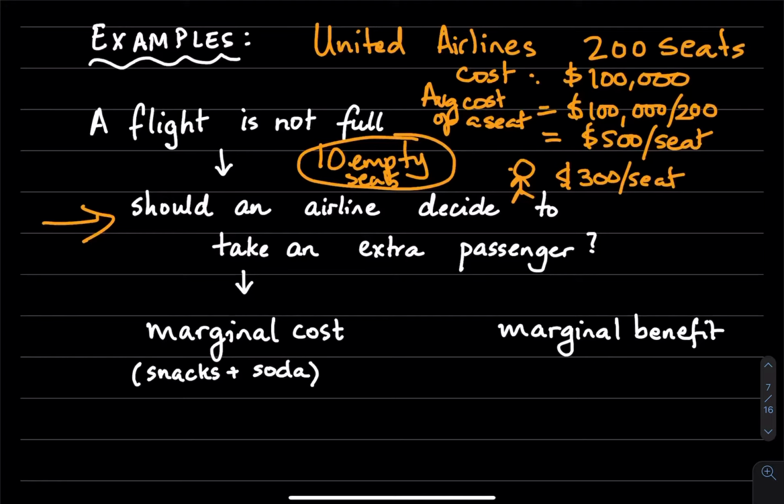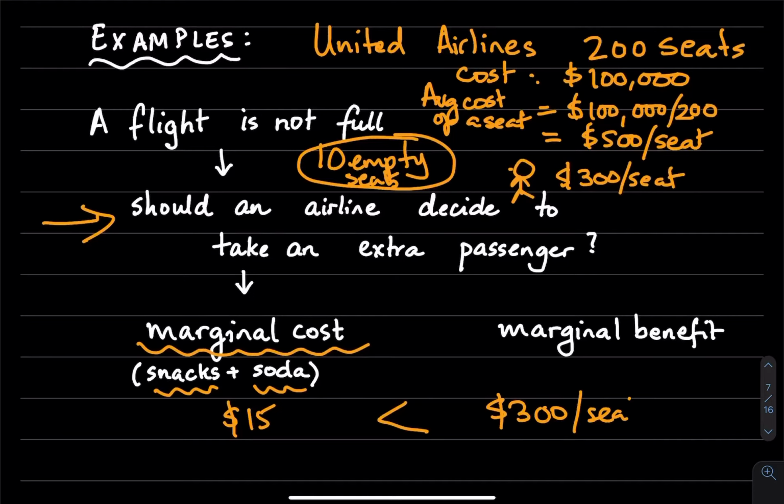So think about this question here. The answer is yes, because at the margin, United Airlines has to think about what is the cost to us of taking this passenger. Maybe they have to provide this passenger with some snacks and some soda, and maybe that costs all of $15. But as long as the passenger is paying anything greater than $15, it makes sense for the airline to take that passenger. So they should definitely take this passenger who's willing to pay $300 for a seat.